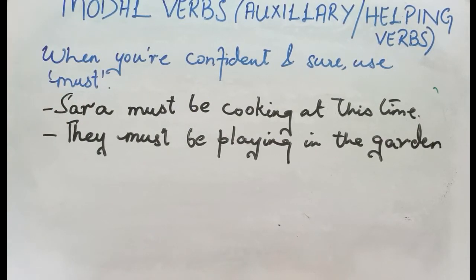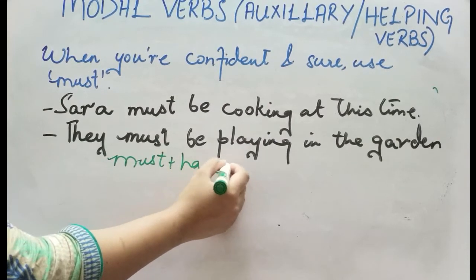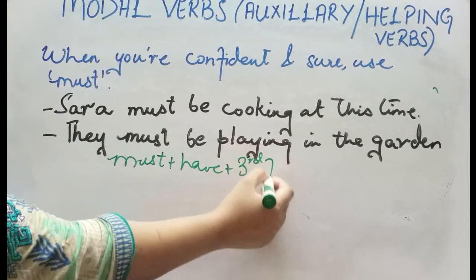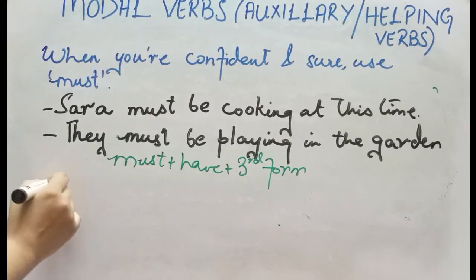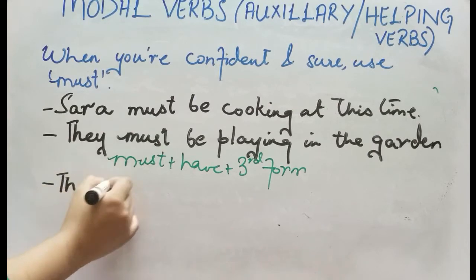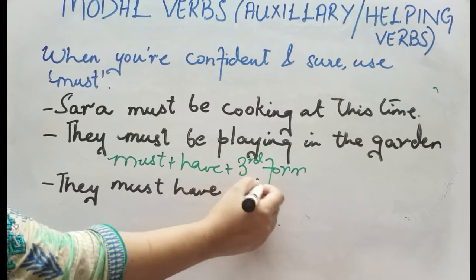Now when you are in the past, you use must have or must not have. That follows the rule as must plus have plus past participle, the third form of the verb. Like for example, they must have eaten by now.